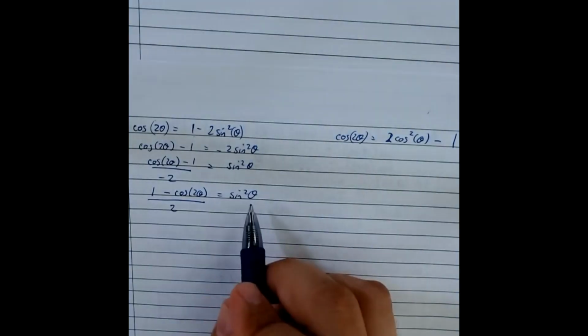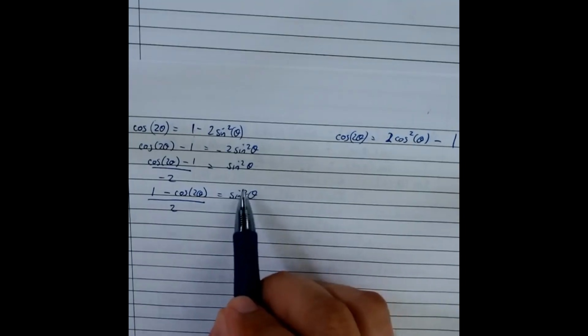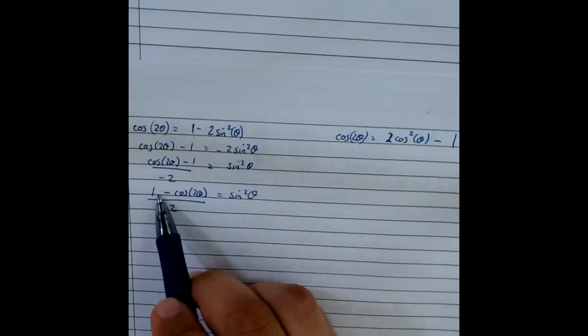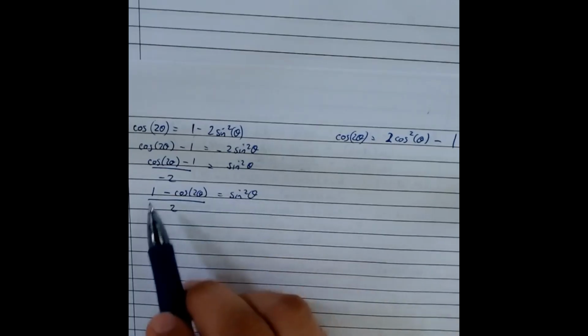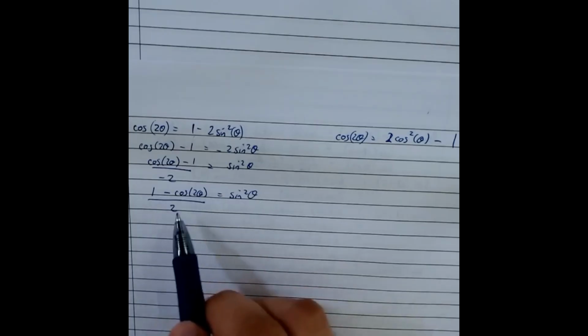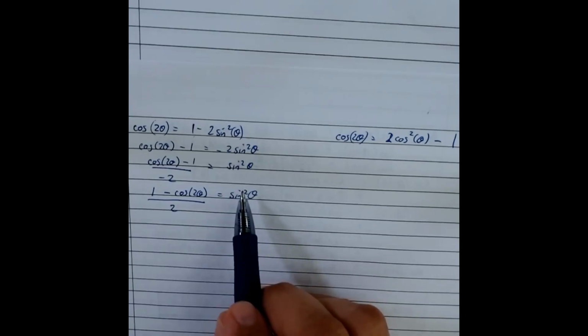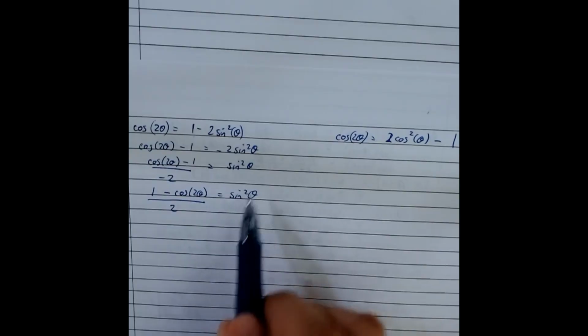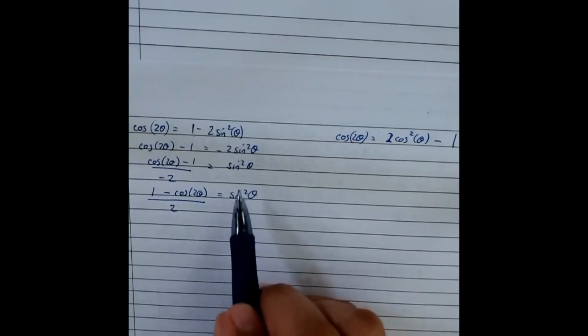This is called the power reduction formula. Sine squared of theta, you can lower the power by doubling the angle. Sine squared of theta is equal to 1 minus cosine of 2 theta over 2. This one becomes very useful in calculus, primarily because having a power of 2 in the sine function makes things in calculus difficult.